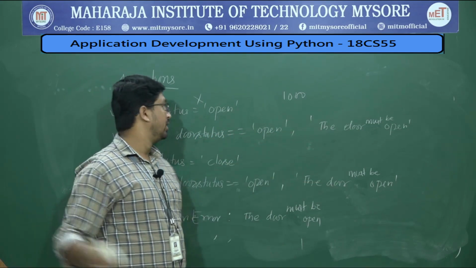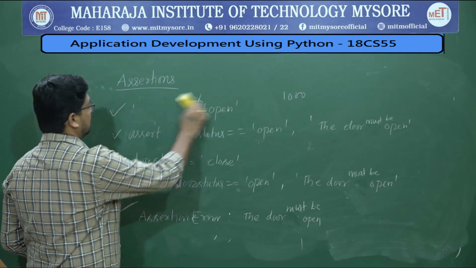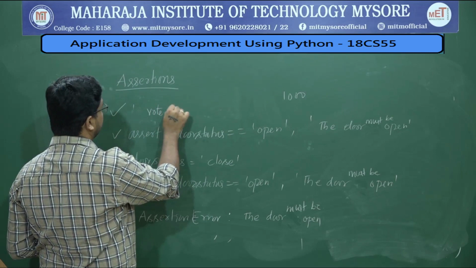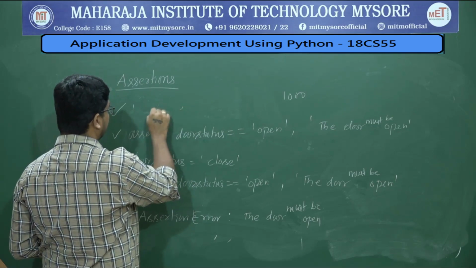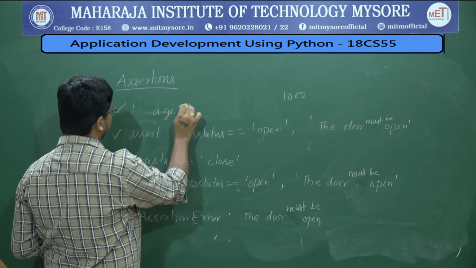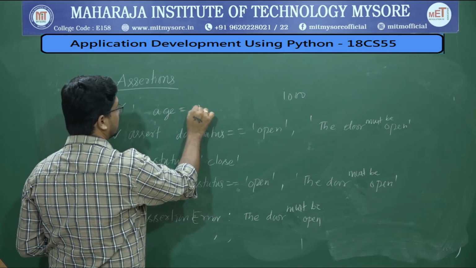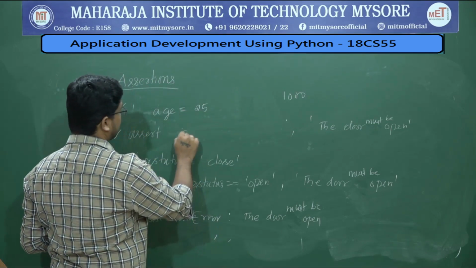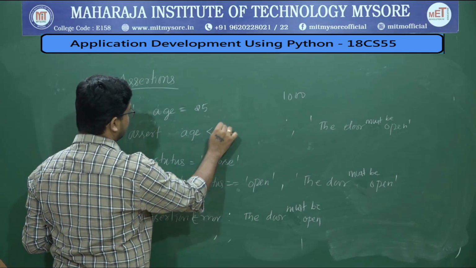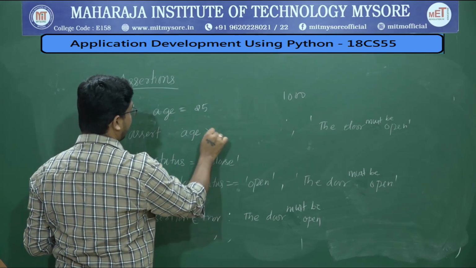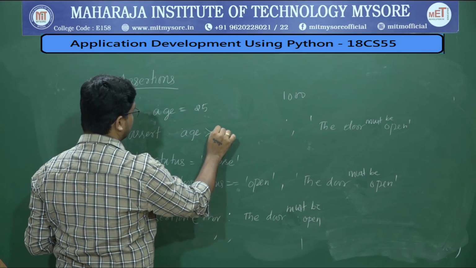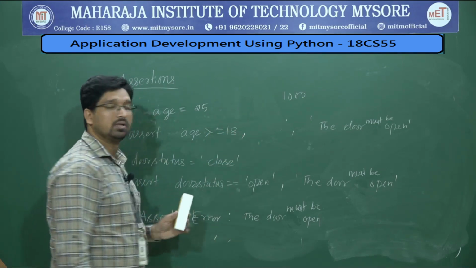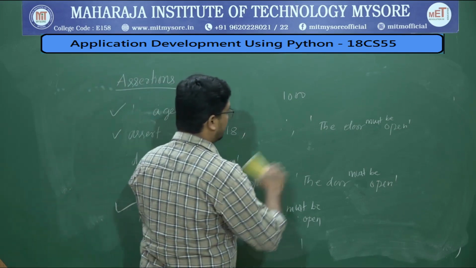Let me consider age is equal to 25. So here I will write assert age greater than or equal to 18, comma, and the message.